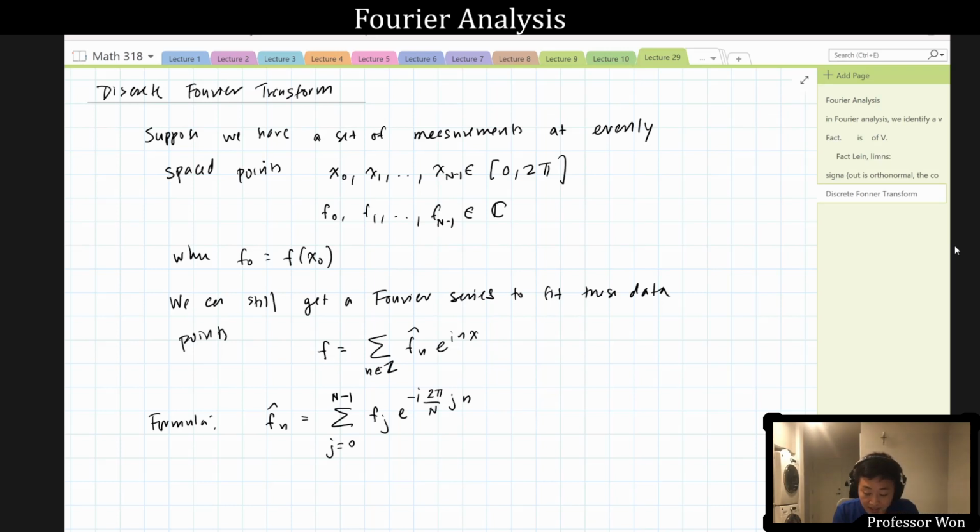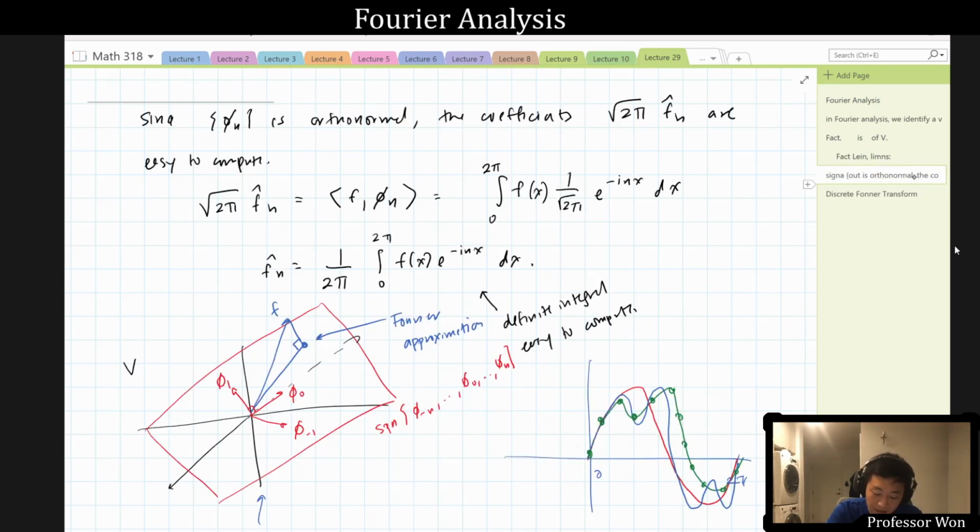So this is just the formula that tells you how to get the Fourier coefficients. These things are called Fourier coefficients, maybe I didn't say that earlier. And notice that this is very close to a discrete form of this integral.